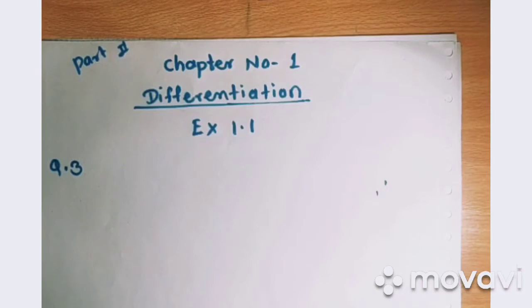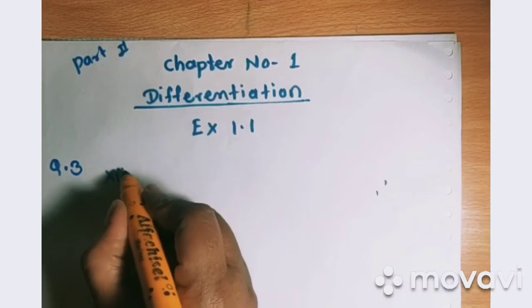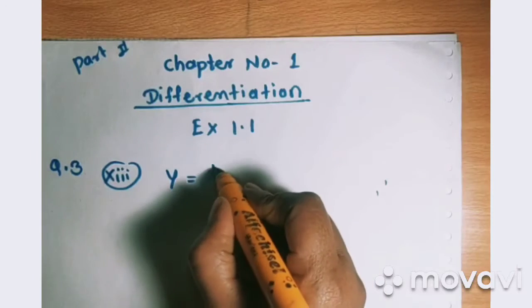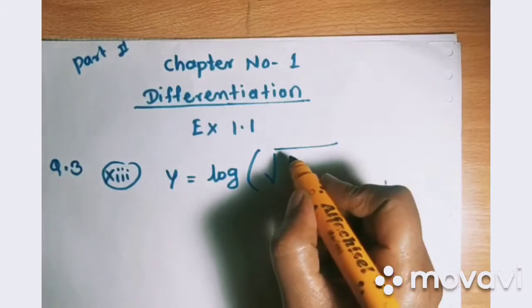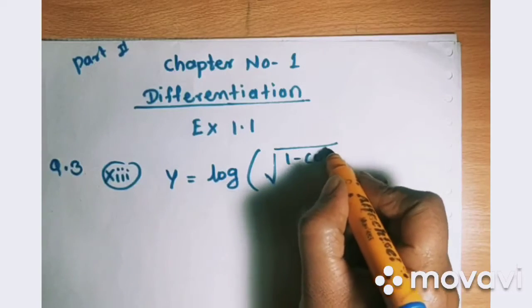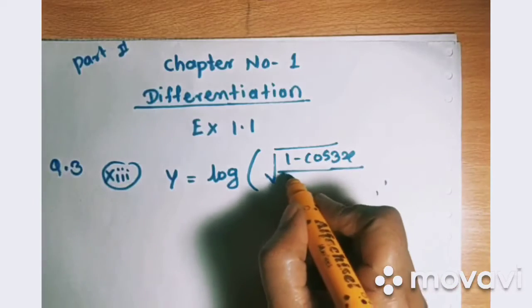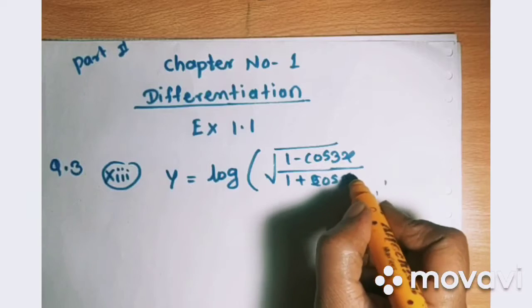Let us see the 13th example: y is equal to log of the square root of (1 minus cos 3x) divided by (1 plus cos 3x).